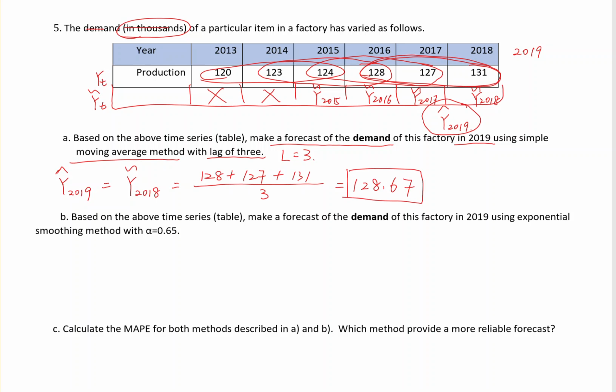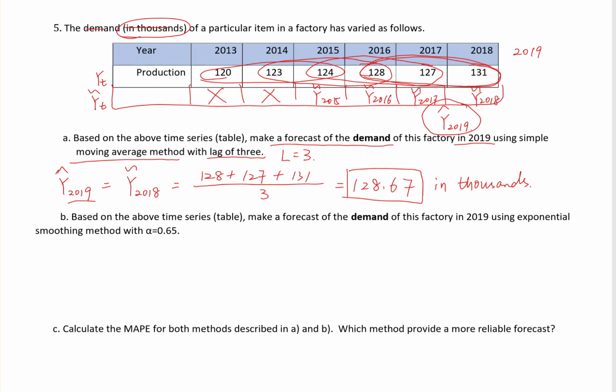That's it, right? Remember the unit, which is in thousands. So this is the predicted value, or forecast value, of y for 2019.